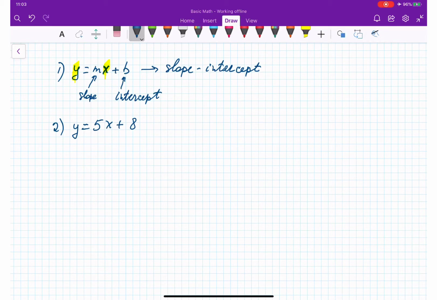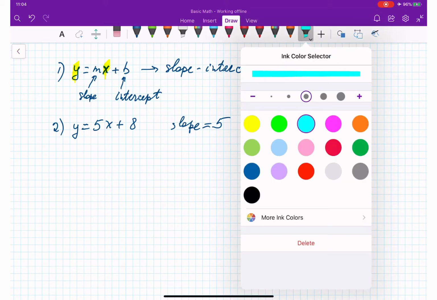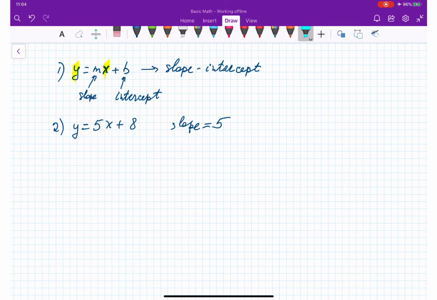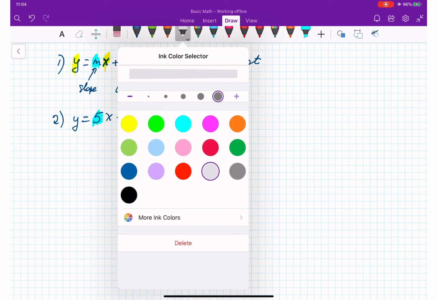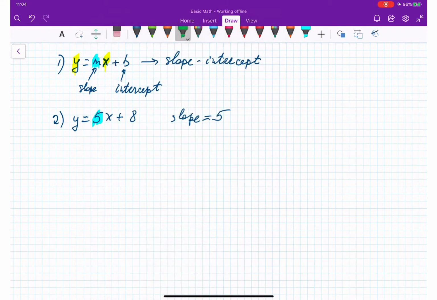Slope is going to be 5 because m is a coefficient of x. So here coefficient of x is 5. And what is going to be the intercept? Intercept is going to be available term, which is b.